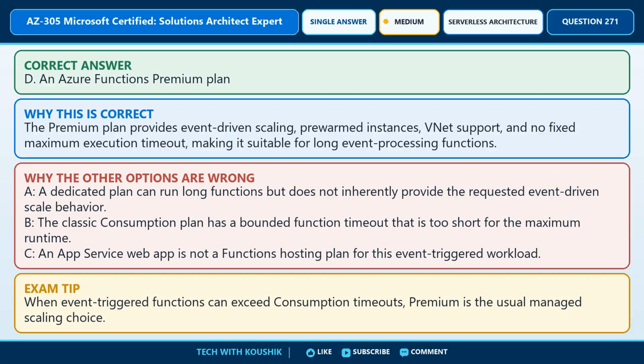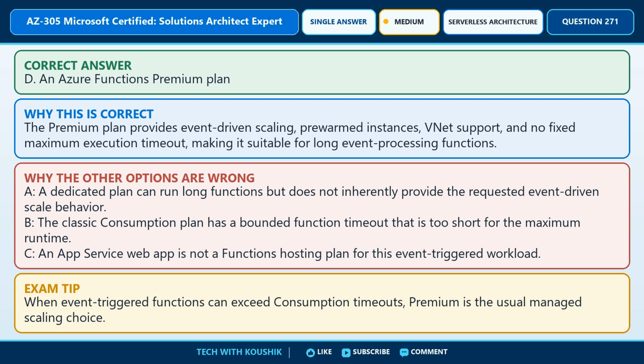The required response is option D, an Azure Functions Premium plan. The Premium plan provides event-driven scaling, pre-warmed instances, VNet support, and no fixed maximum execution timeout, making it suitable for long event processing functions. The alternatives can be eliminated because A. A dedicated plan can run long functions, but does not inherently provide the requested event-driven scale behavior.